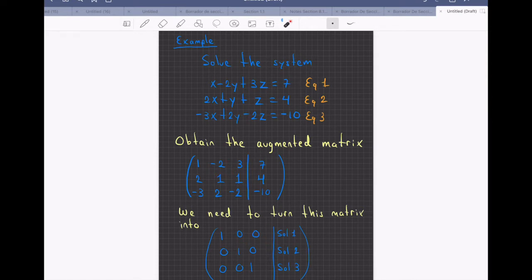It's not always going to be possible to turn this into this exactly. But again, the examples in this video are for when it is possible, because there is only one solution for the system. But what happens when we have different cases? Those cases are going to be covered in other videos, in the next video actually.